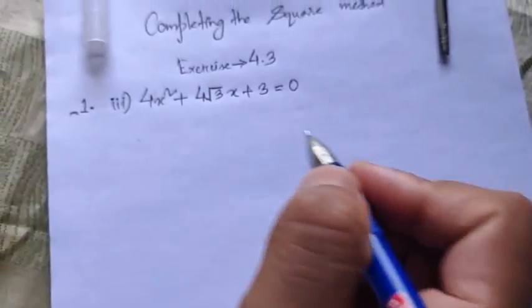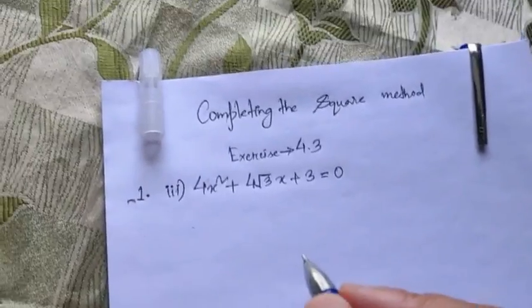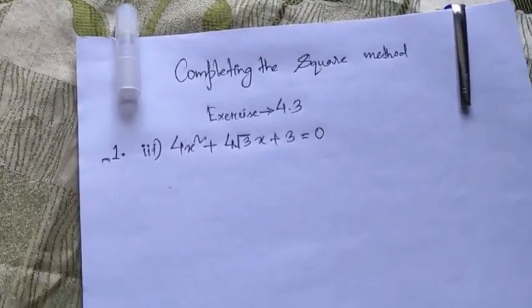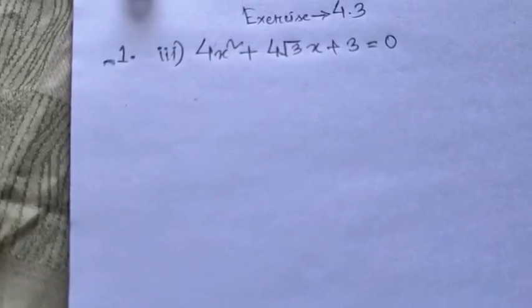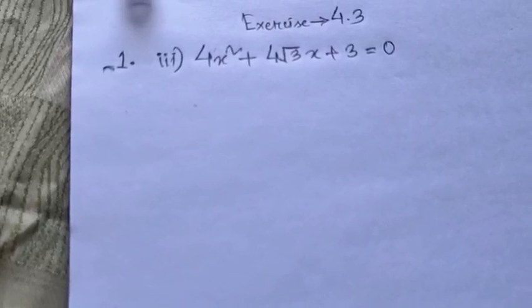So in the first step, what you have to do? You have to see what is the coefficient of x square. Here, what is the coefficient of x square? 4. Yes, that means you have to divide all the terms by 4. So in the first step you have to divide all the terms by 4. That's what I'm going to write.